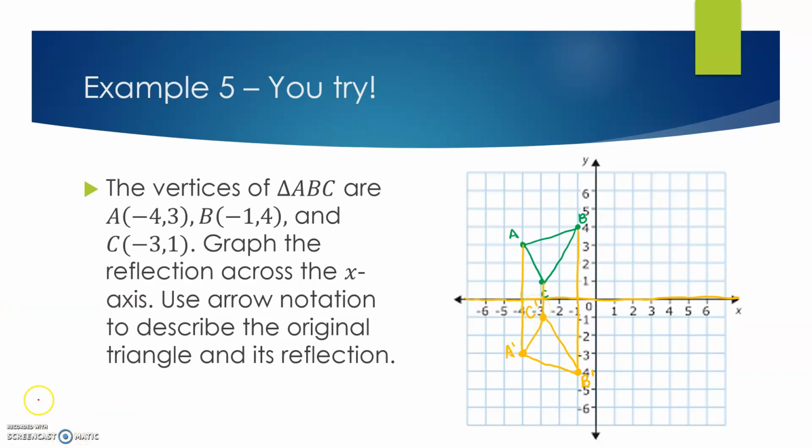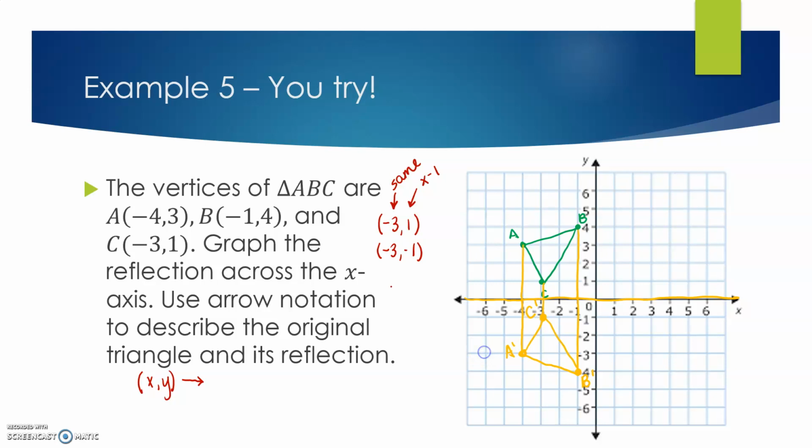To do arrow notation, I started with my ordered pair (x, y). Then to transform it, what happened to get from C to C prime? C was at (-3, 1), and C prime is at (-3, -1). What do you notice? X stayed the same this time, and y multiplied by -1.